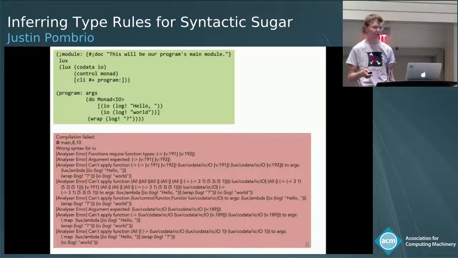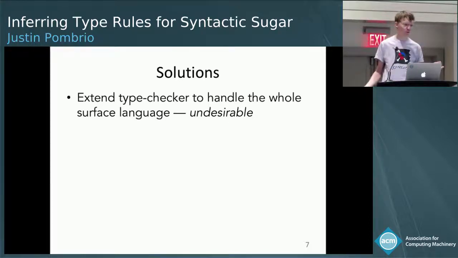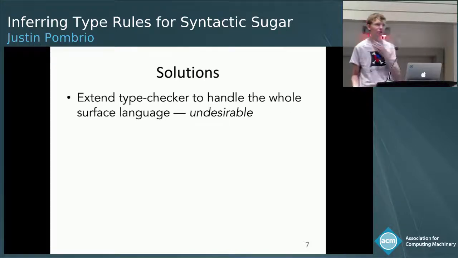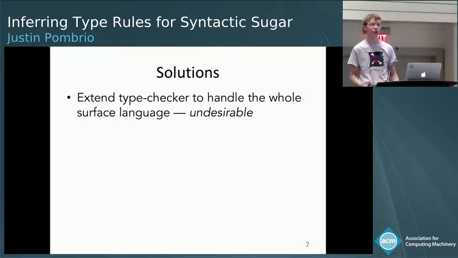So what are some possible solutions to this? The obvious thing to do is to extend the type checker to handle the whole language. But this is kind of giving up. If every time we run into an issue of this form, we make our tools work over the whole surface language, then there wasn't much point in having syntactic sugar in the first place.